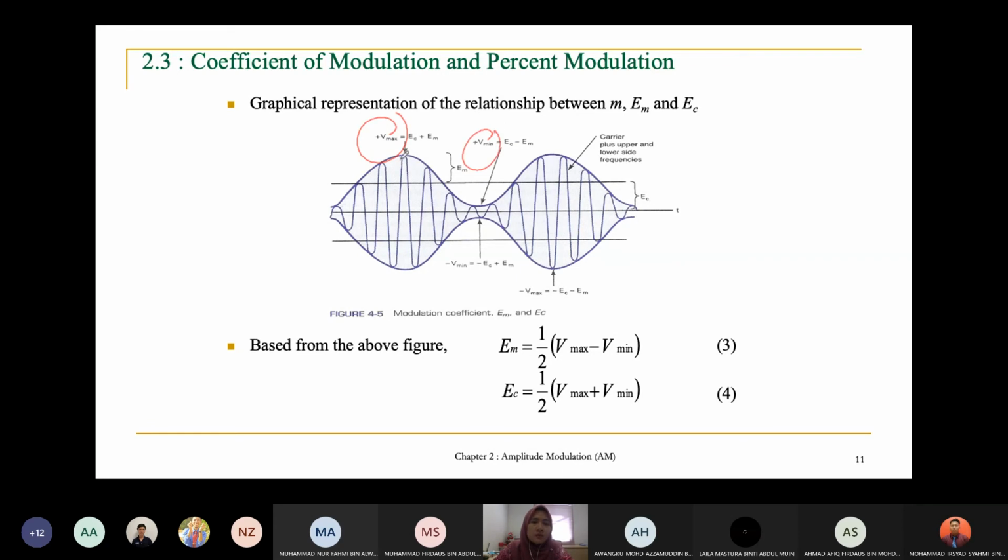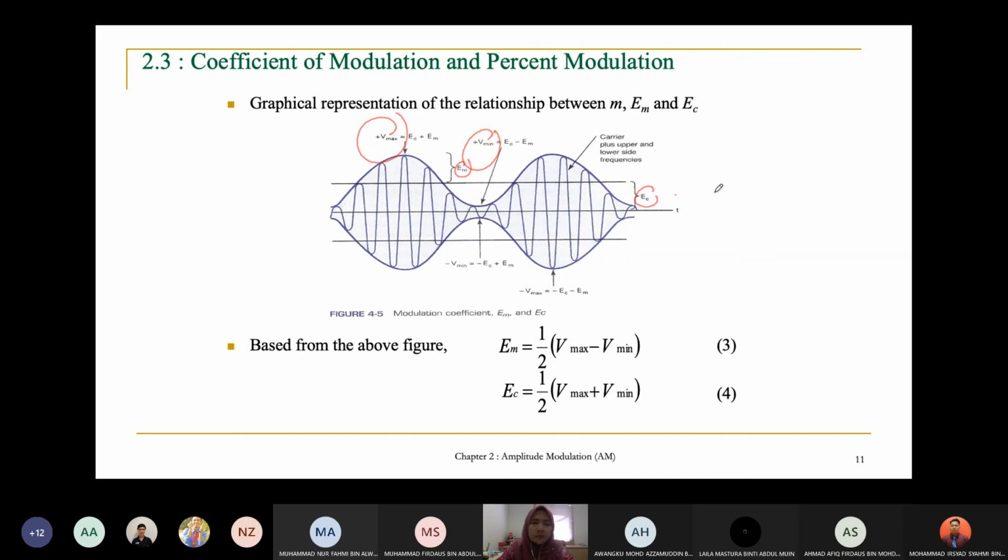Vmax is the maximum, Vmin is the minimum. From this AM envelope, you can also determine that the value from 0 until somewhere here is equal to EC, and from this point until the maximum is equal to EM.